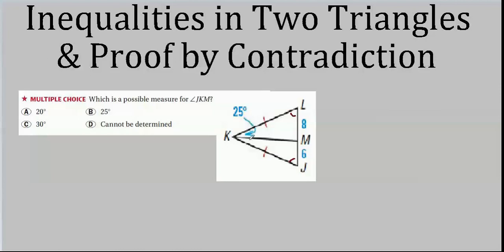Which means this angle has to be less than 25 degrees. Well, luckily, only one choice here is less than 25 degrees. 20 degrees is the only possibility. In reality, all we know for sure is that it is less than 25 degrees. But in a case of a multiple choice, only one of these is. So this one is a possible measure. We don't know that it is, it's just possible.